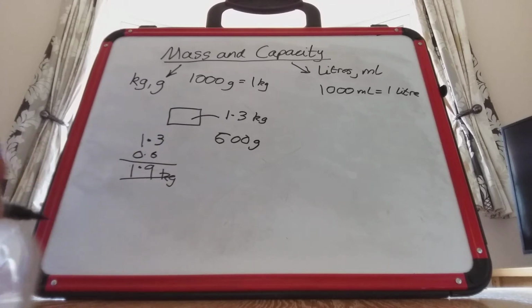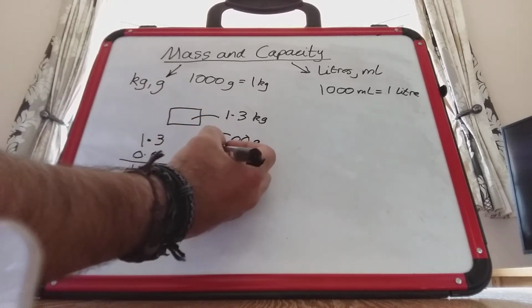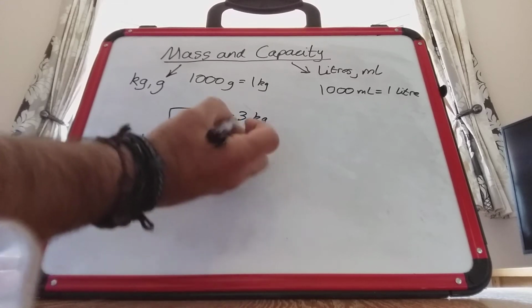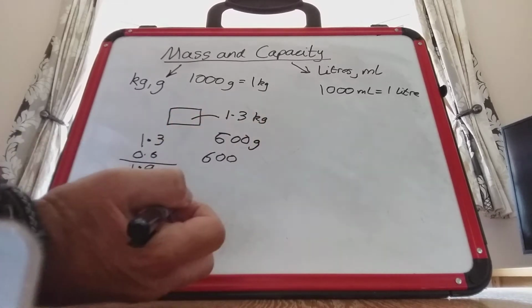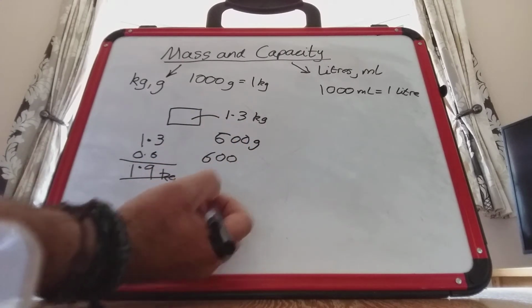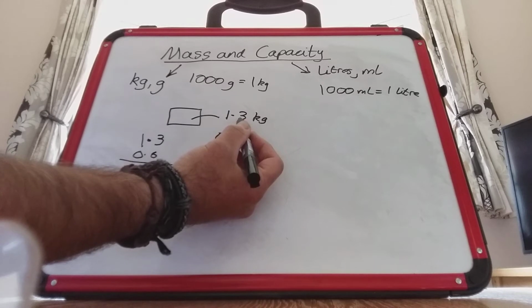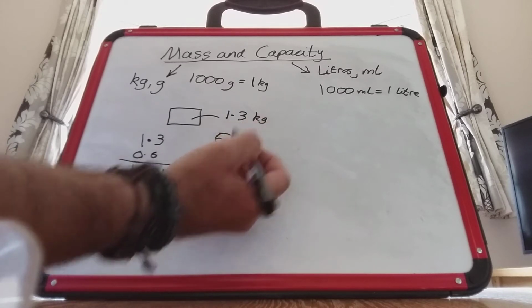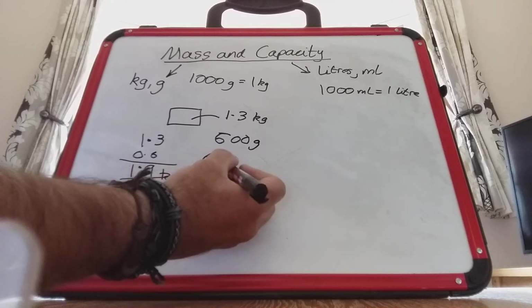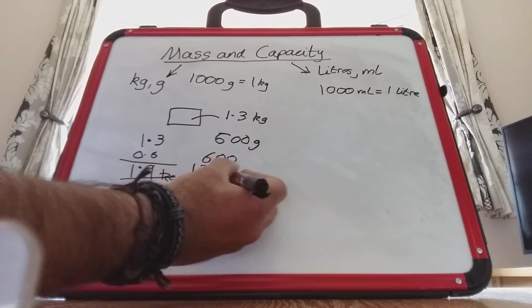Now another way of doing this is to say, let's add 600 grams and write 1.3 kilograms as grams. Now 1 kilogram is 1000 and 0.3 is 300 grams. So we're adding this to 1300 grams.